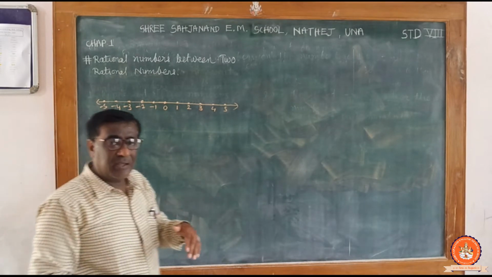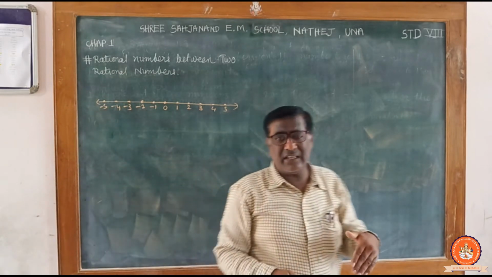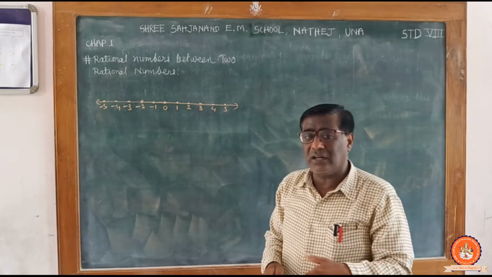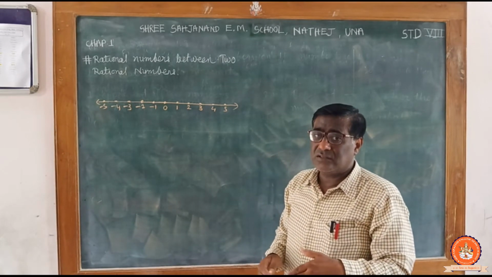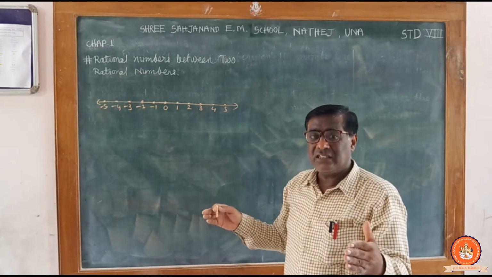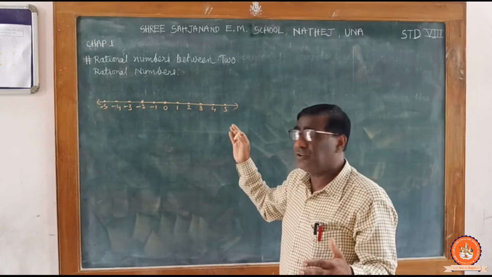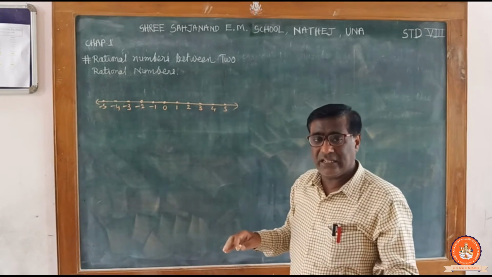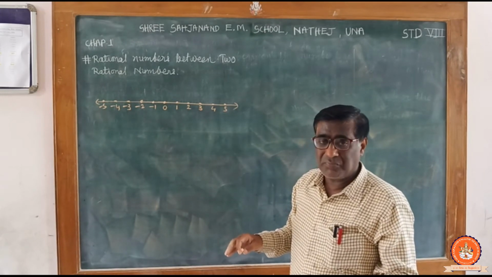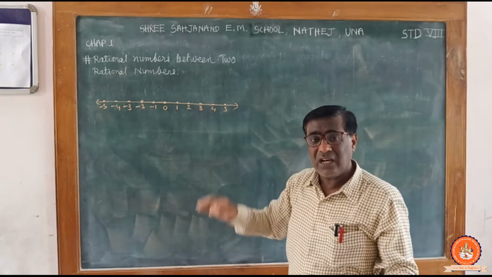So you can easily give the answer about integers if you are asked. How many integers are there between given two integers? You can easily give the answer just by counting on a number line.